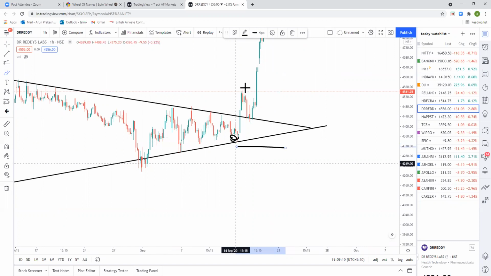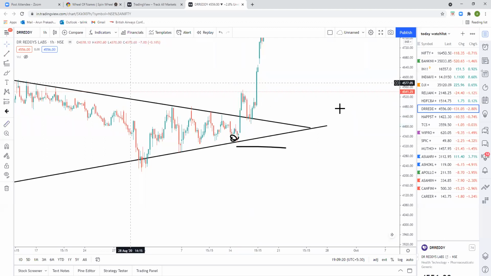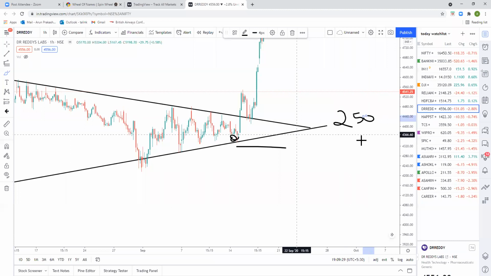And on the next day, it shot up around 150 points. Okay, and I exited because at that time the lot size in Dr. Reddy was 250, if you guys can remember. Nowadays, so many stock lot sizes have been reduced to half, so now you have a lot size of 125.